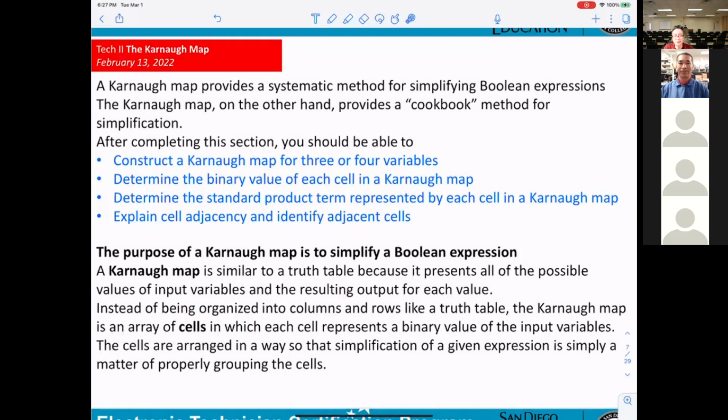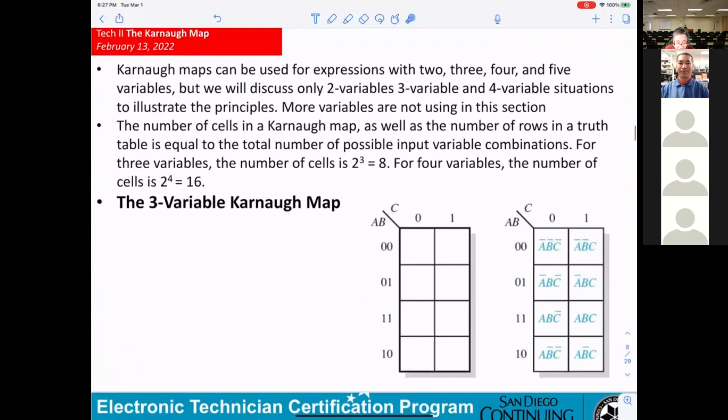So basically they're telling you the K-map is exactly like the truth table, but it does not go by each column and row. They make it a map. The K-map is an array of cells in which each cell represents a binary value of the input variables. The cells are arranged in a way so that simplification of a given expression is simply a matter of properly grouping the cells.